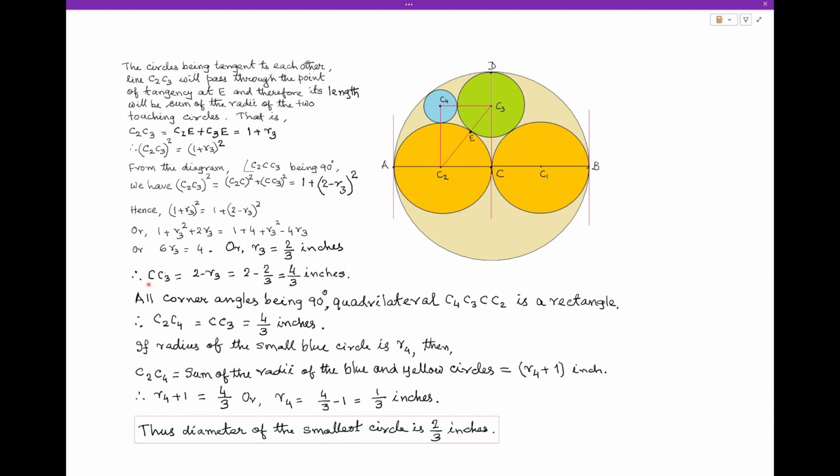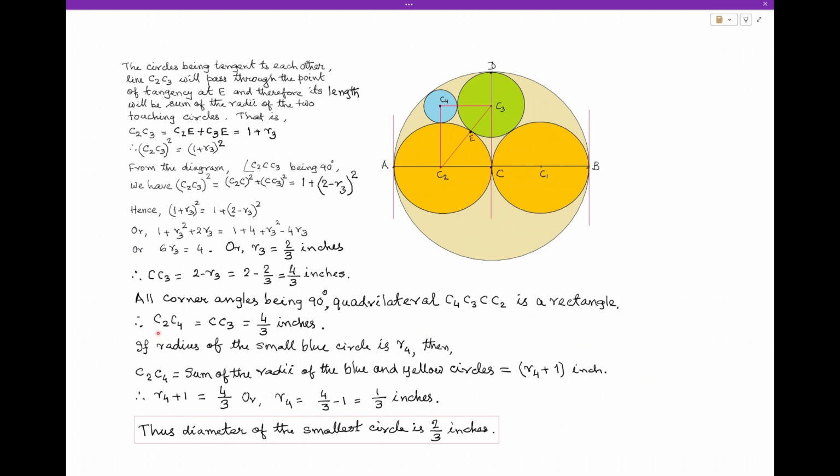Now CC3 is equal to 2 minus R3, and that is 2 minus 2 by 3, and that is equal to 4 by 3 inches. So CC3, this distance, is 4 by 3 inches. All corner angles being 90 degrees, quadrilateral C4, C3, C and C2, that is this quadrilateral, is a rectangle.